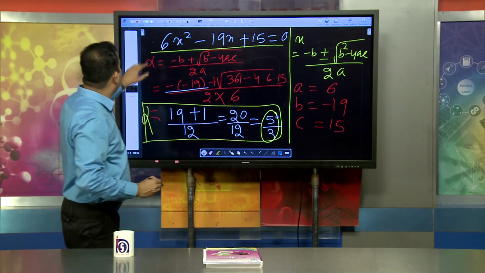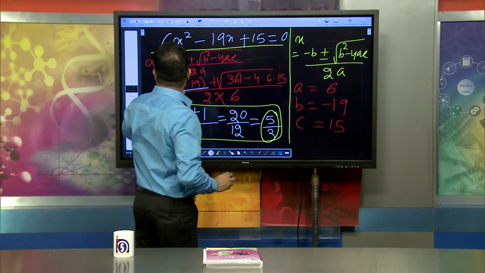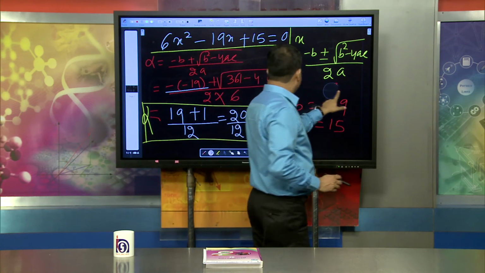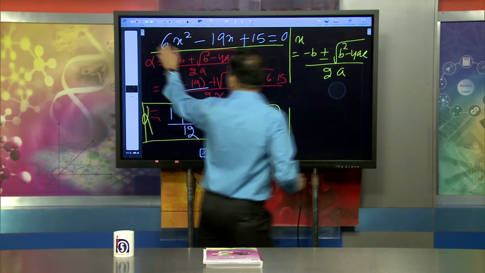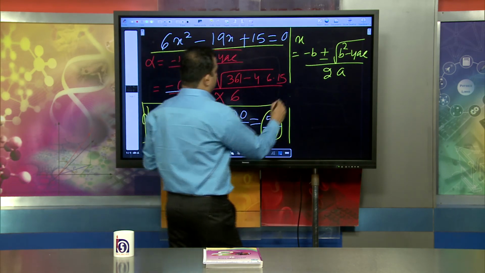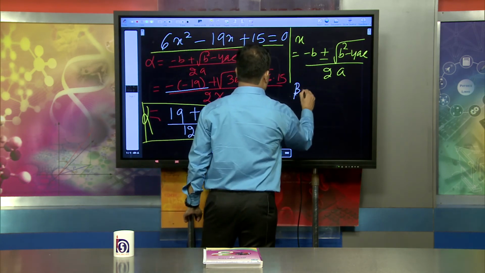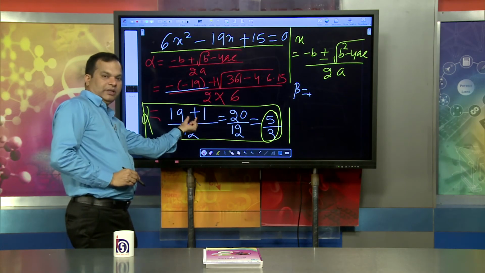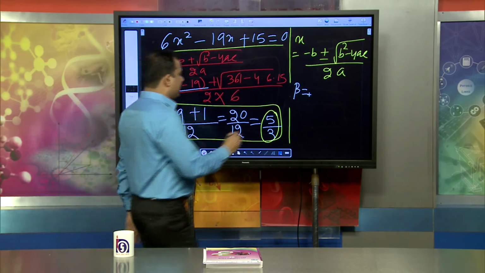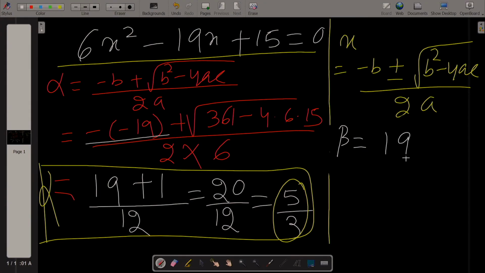Now, what will be the value of beta? Suppose beta equals the same formula, but in place of positive it becomes negative. So I can write beta equal to (19 − 1) divided by 12.